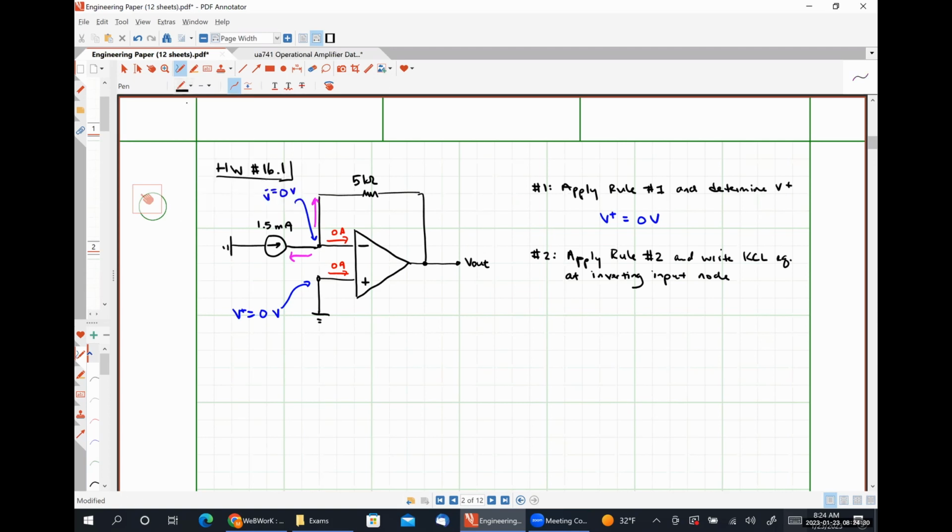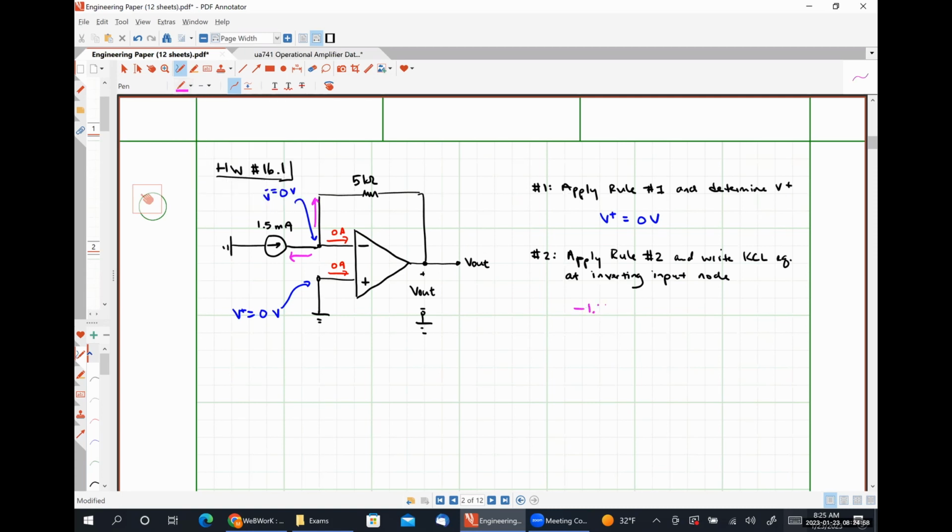So another way to think of our output voltage would be like this, okay? So I'm pointing this out because we are going to be writing effectively a nodal analysis equation here at our inverting input node.